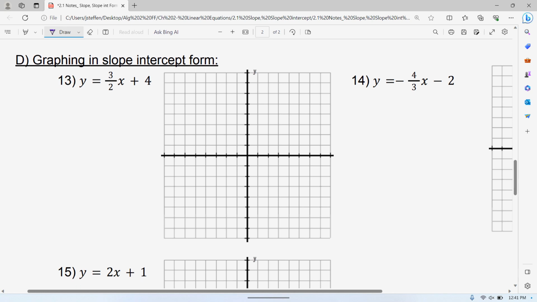I wish I could go back and make one of these where you had to put it in slope-intercept form first. I didn't.